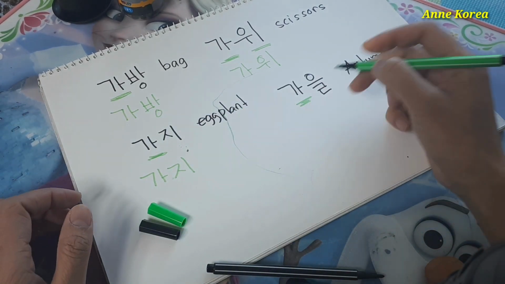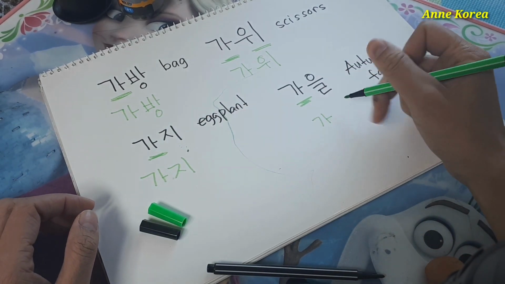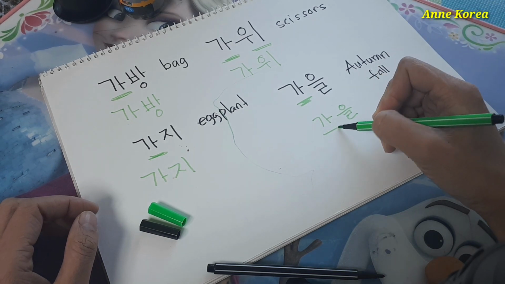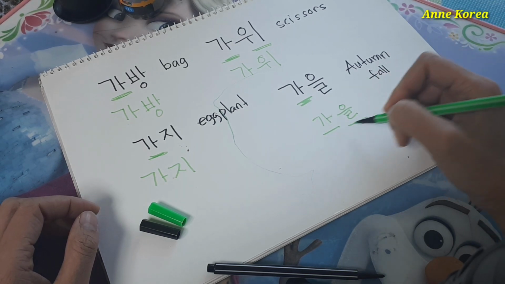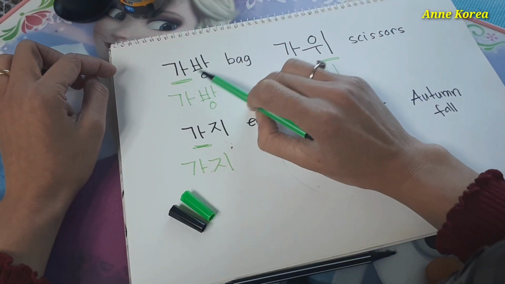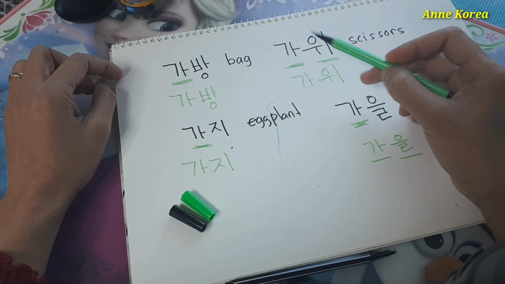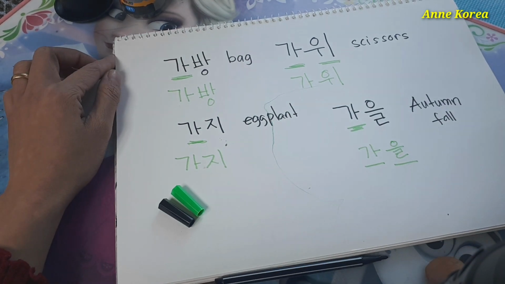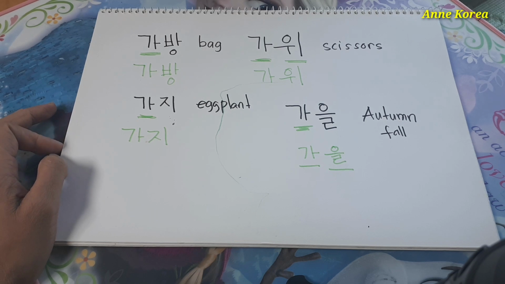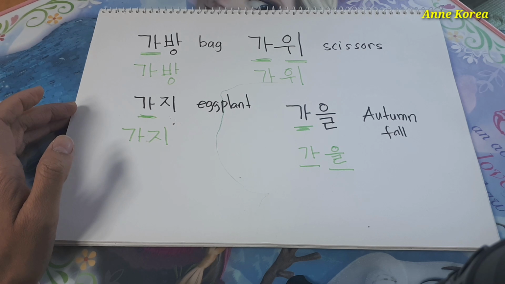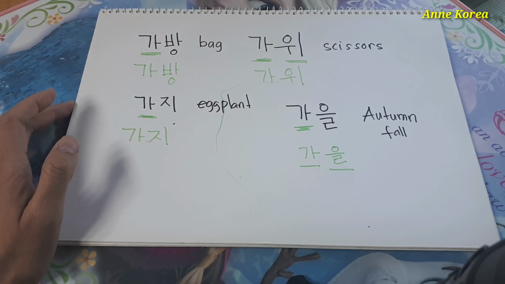One more time. And guys, repeat after me. Kabang, kawi, kaji, kaul. So that is all about the first consonant, ki, yok, which sounds k.